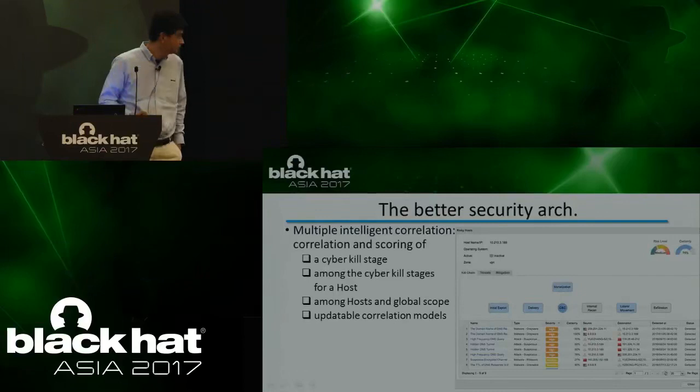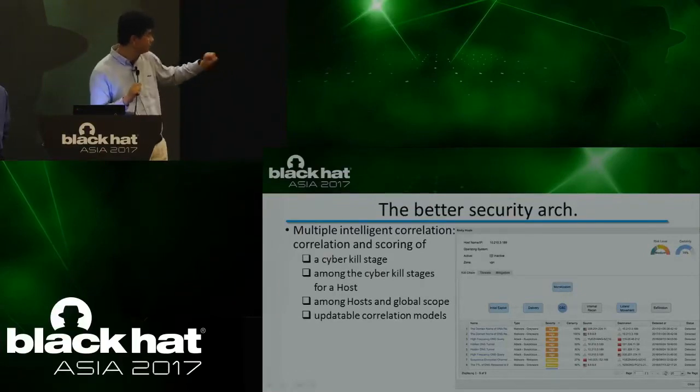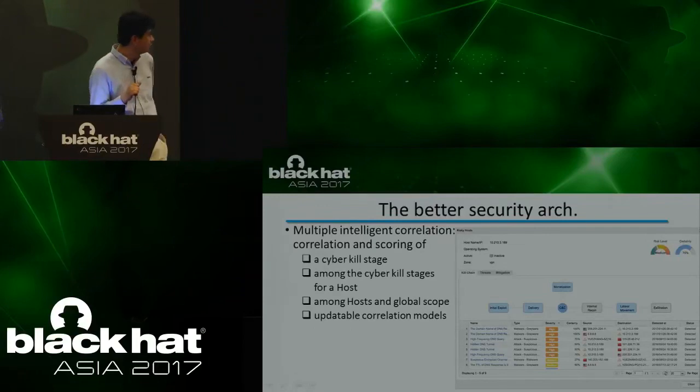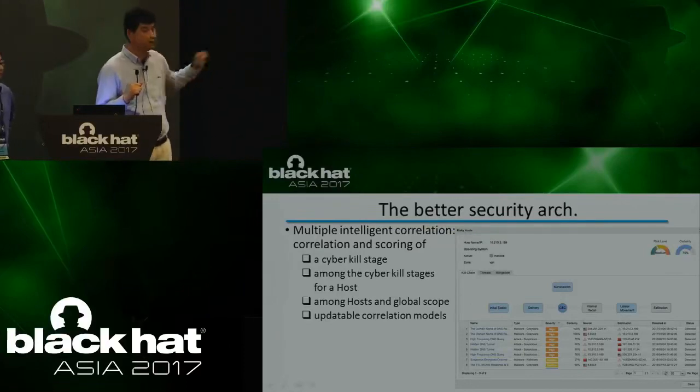One thing I'd like to say is we talk about the kill chain. In this picture we have seven stages and a CNC stage. We need to do the correlation. In detail, we can do correlation scoring for the exploit stage and for the CNC stage.